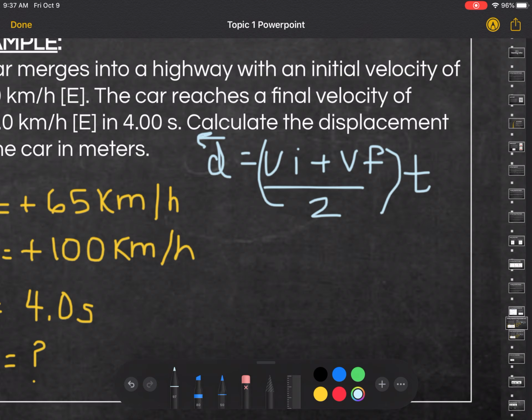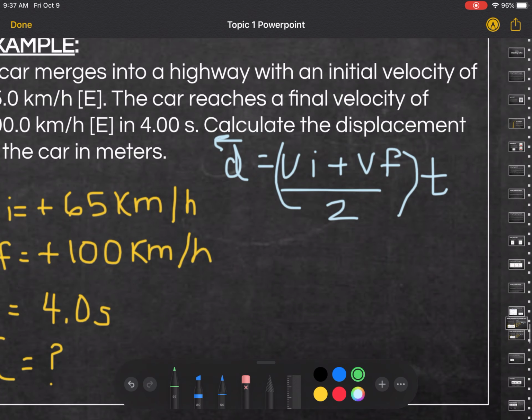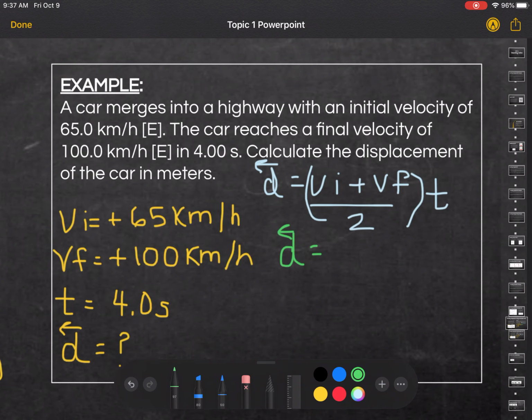Now we want to plug that into the formula. So I'm going to use a different color here. So our displacement, that's the thing that we are looking for. We don't know, so we're going to put that. Our VI, we do know. It is 65. It's positive as well. Plus our VF, which we know to be 100, which is also positive.